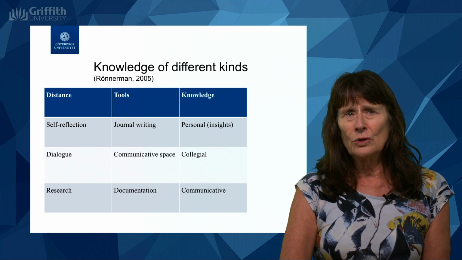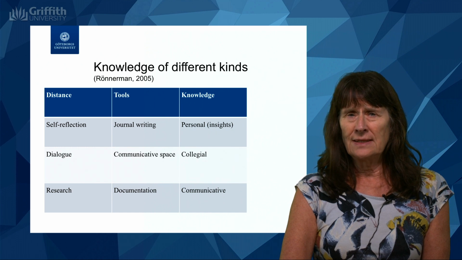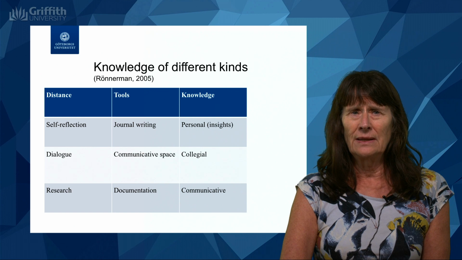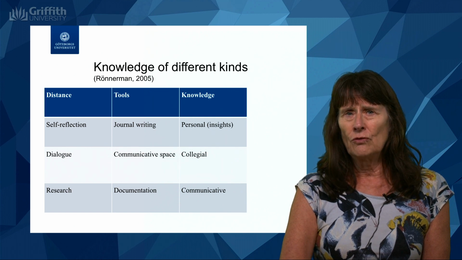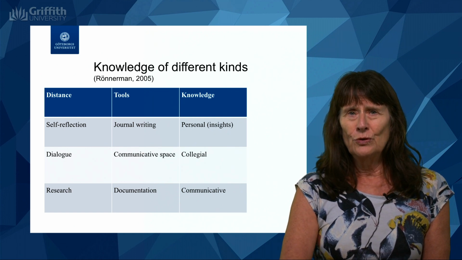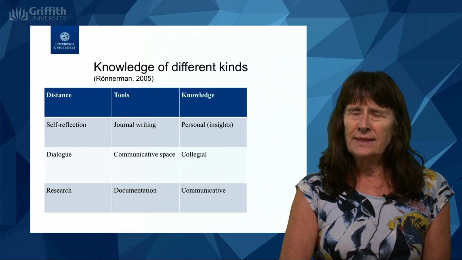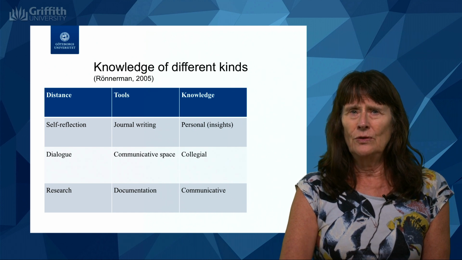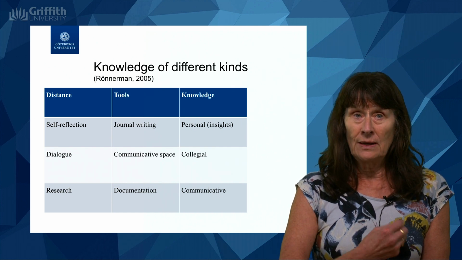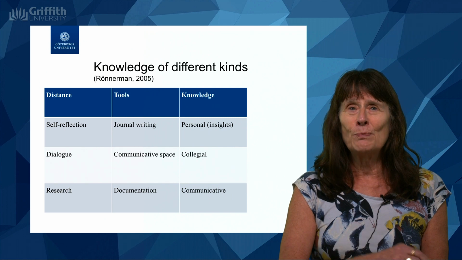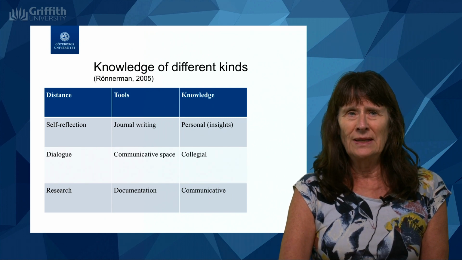You can talk about the first, self-reflection, as a distance in first person, and that is something you can achieve by journal writing that you do after your actions. You do some writing about your own reflection, and when you read through this you can see, aha, that's something I've got, and that's a kind of personal insight into what I'm doing.